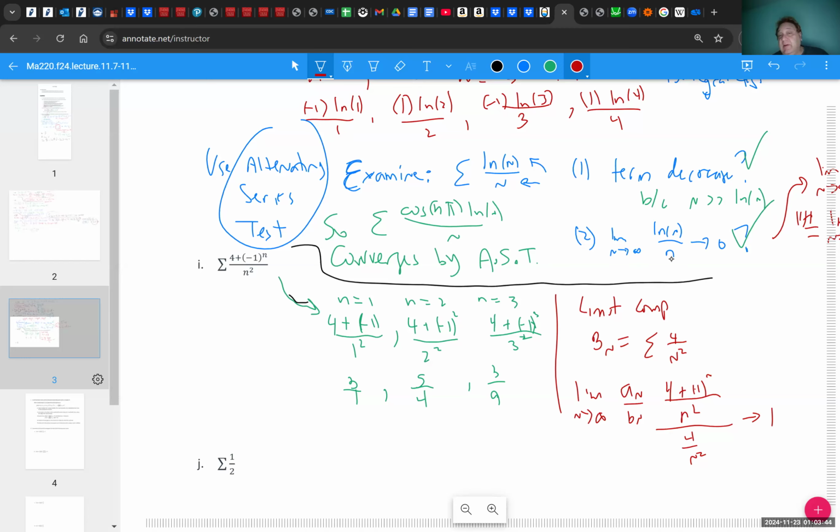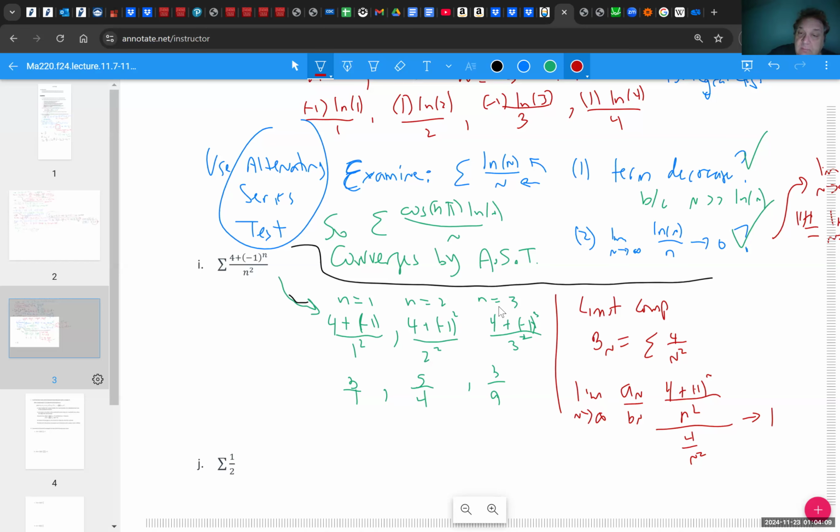So according to the limit comparison test, it has to be not equal to 1 for us to get a result. I'm not going to go through all the details of how to find this limit. It's basically using the squeeze rule, where you squeeze it between two numbers like 3 and 5. It doesn't really go anywhere, but this is an example I want to show you for using the direct comparison test.